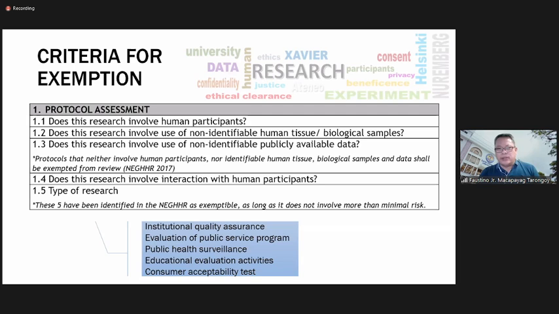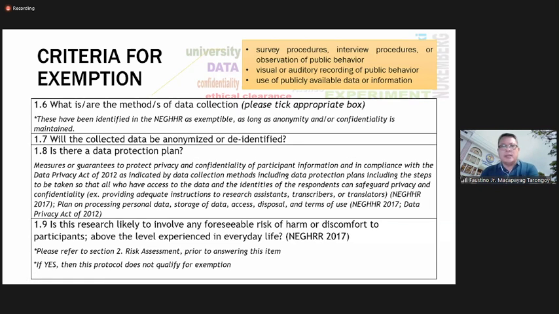If there is no direct interaction with human participants, if your research involves any of the 5 here, that is considered exemptable. If your method of data collection involves surveys, visual recording, or publicly available data, as long as the participants remain anonymous or the confidentiality is maintained, then it is exempted.